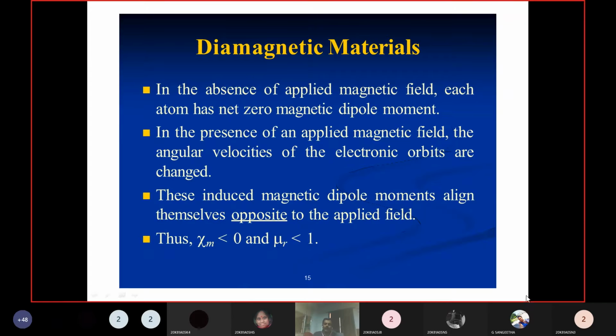In the presence of an applied magnetic field, the angular velocity of the electronic orbits is changed. So these induced magnetic dipole moments align themselves opposite to the applied field. Now what happened here?